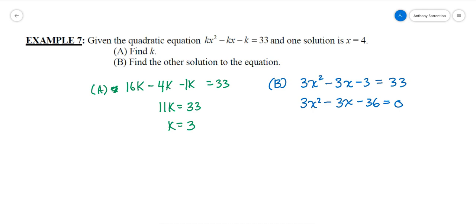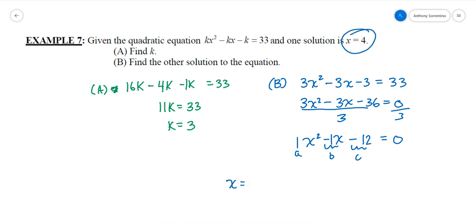If I divide both sides in their entirety by 3, x squared minus x minus 12 should equal 0 as well. So my a value is 1, my b value is -1, my c value is -12. As I go through this process, I should still expect to see x equals 4 come out as an answer.